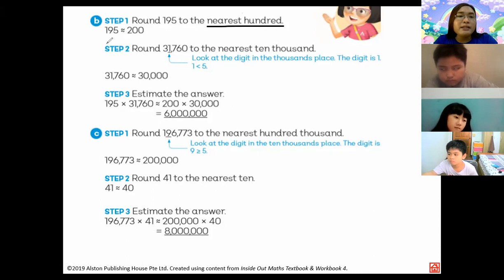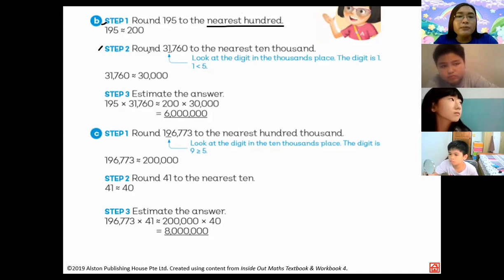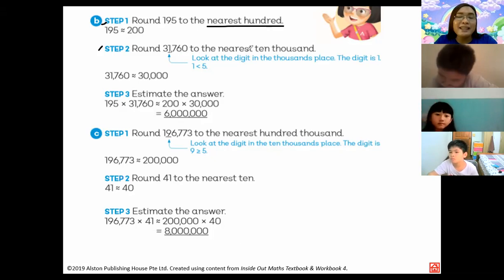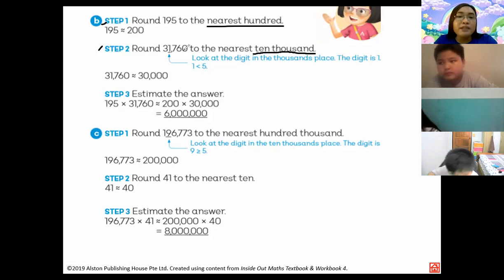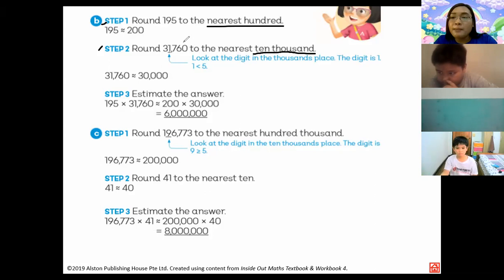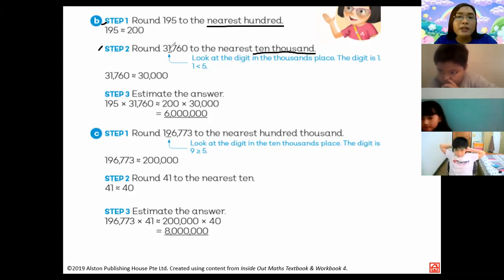Step number 2: round 31,760 to the nearest 10,000. When we say nearest 10,000, that's the fifth digit from the ones place: ones, tens, hundreds, thousands, and 10,000s.